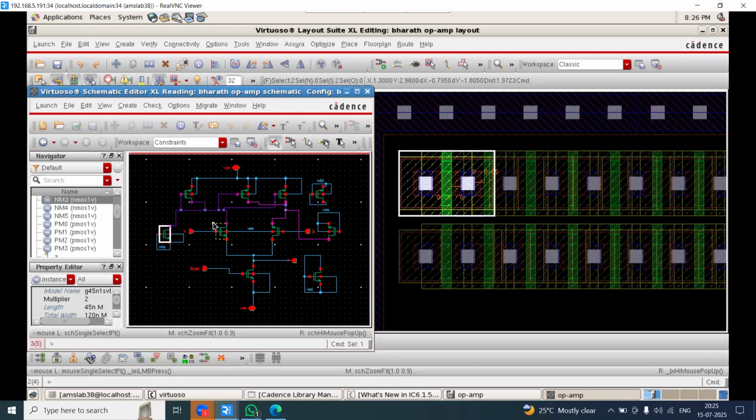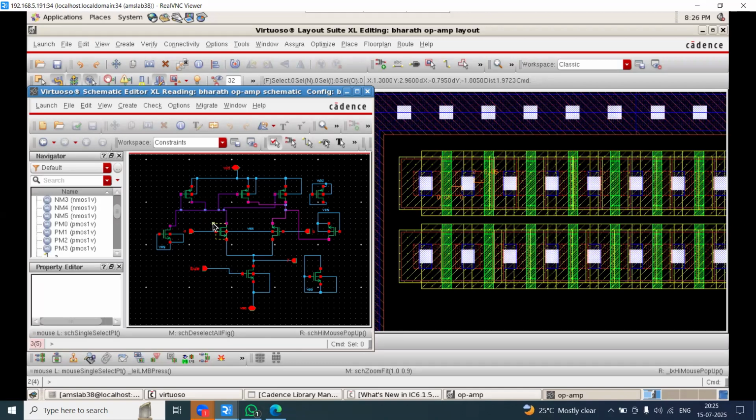Okay, sir. If either the source or drain is not connected to a common connection, then we can. No. You need to think this way: whenever we are getting any signal in the outside corner, we always try to avoid signals coming in the corner.